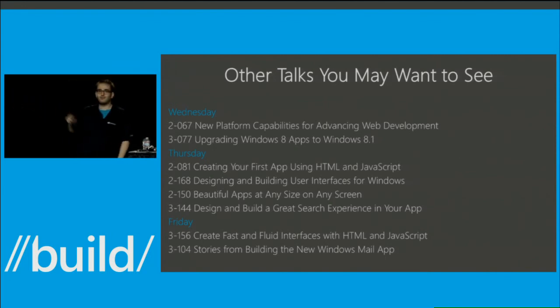So move that first Friday one up to Thursday. Is the create fast and fluid interfaces with HTML and JavaScript talk. That'll dig deeper into some of the features I talked about today and really show you end-to-end how scenarios like startup you can really optimize using these features. And then finally on Friday, the Mail team is going to be here, Jeremy Epling, to tell you about how they built the new Mail app and how they're using WinJS 2 and other features of the system to build a great app. So you might want to check that out.